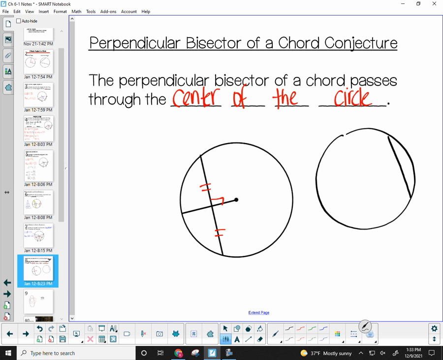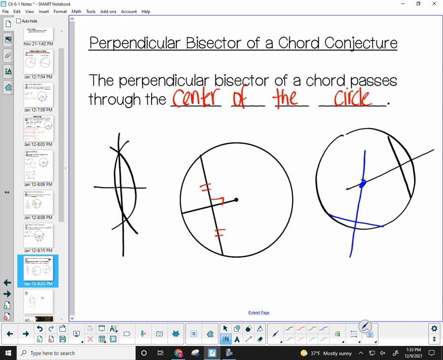I drew a chord, and I found the perpendicular bisector. Do you remember when we were doing construction, we opened our compass more than halfway, swung it from one end, swung it from the other end, and drew in the perpendicular bisector? Then I did it again. Drew in another chord, found the perpendicular bisector, and drew it in.